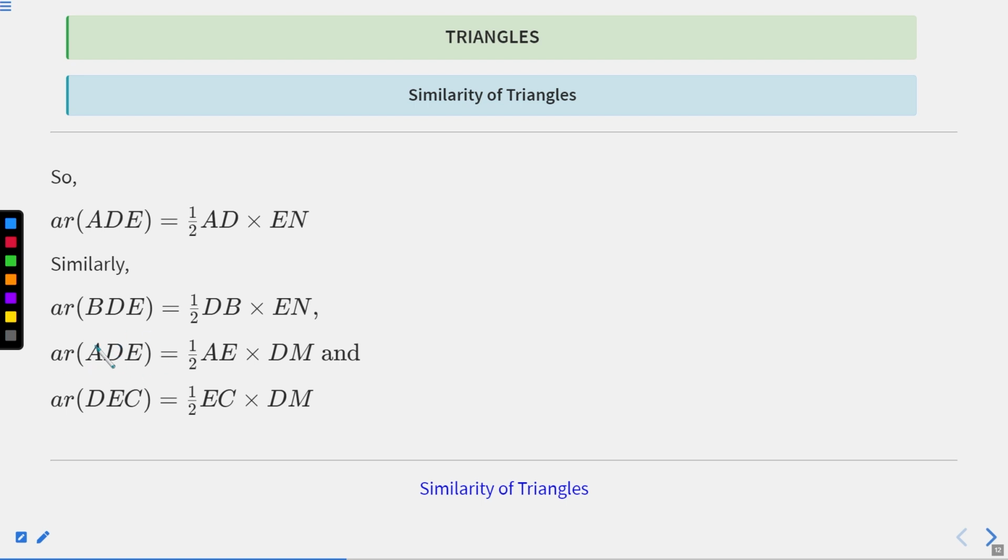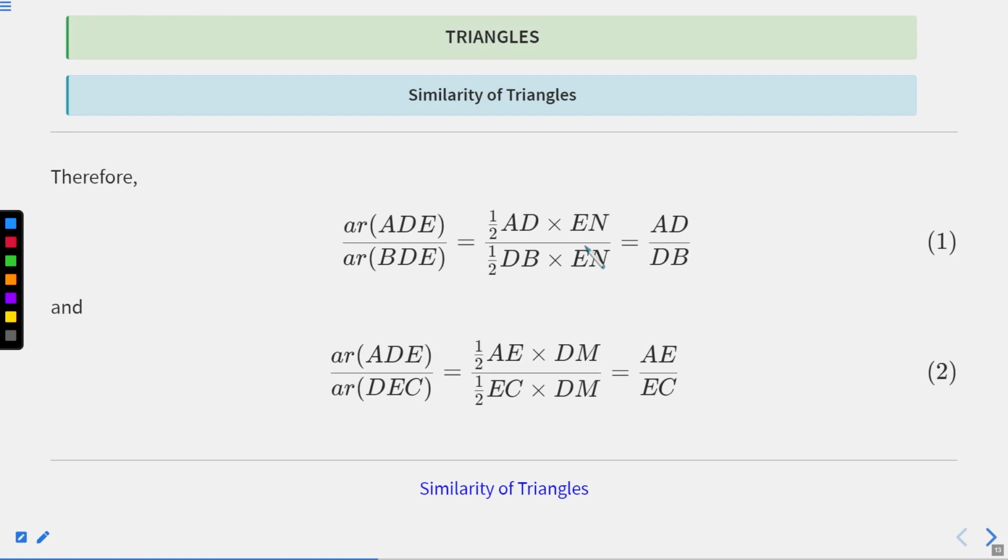And similarly, for triangle ADE, the area is equal to half into AE into DM. And the area of triangle DEC is equal to half into EC into DM.